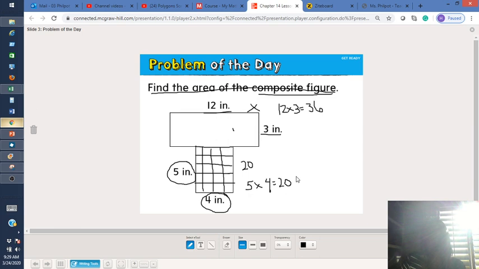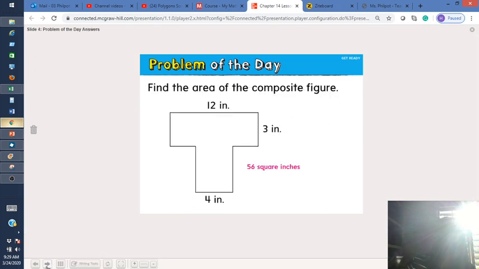What do we have to do to find the total? Yep, you got to add them up. So 36 plus 20, 6 plus 0 is 6, 3 plus 2 is 5. So it's going to be 56, dot that, squared or square inches. Let's see if we got that right. Good, 56 square inches, way to go.